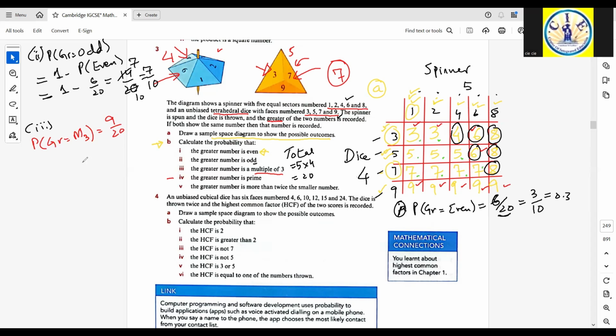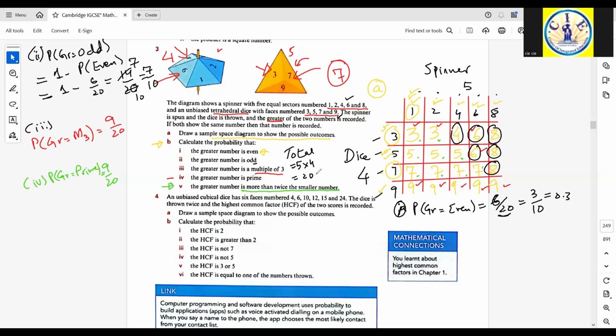So that is also 9 by 20. For part 4, the probability of the greater number being prime is 9 by 20.